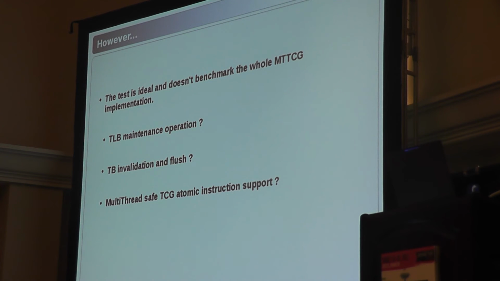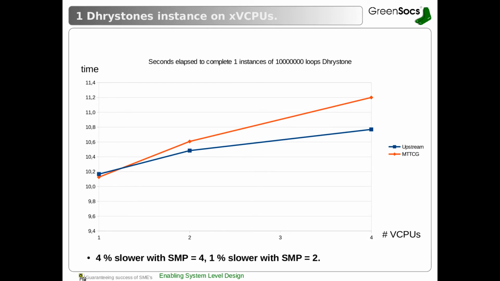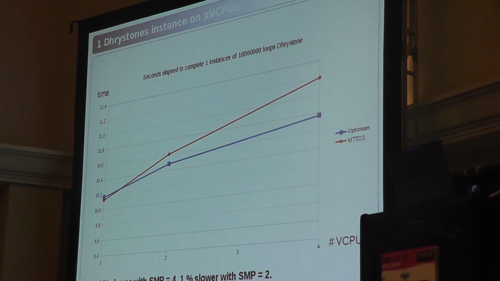And then the multi-thread safe TCG atomic instructions have not been benchmarked with this test. Additionally, if we take only one Dhrystone instance, we can see that multi-thread TCG is a little slower. For example, for 4 vCPU, we have 4% of overhead. This might come from locks, maybe.